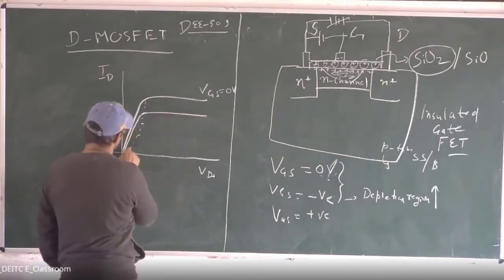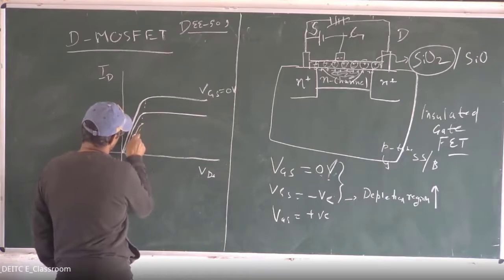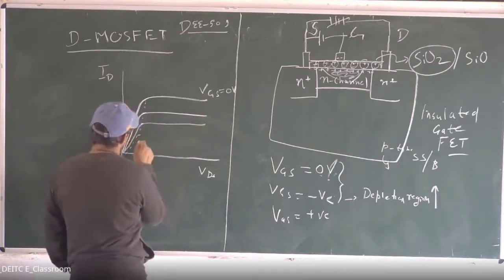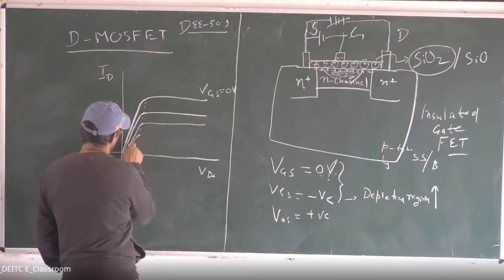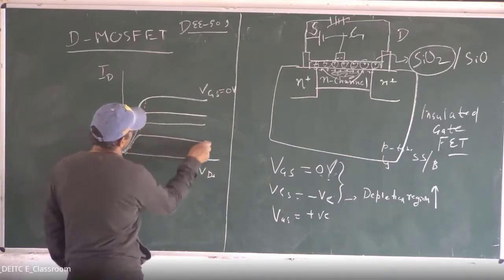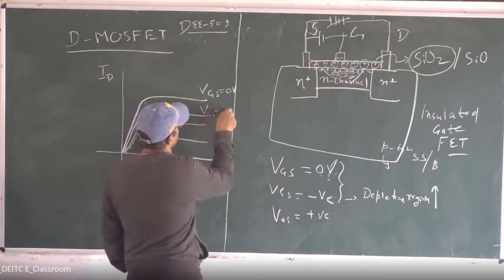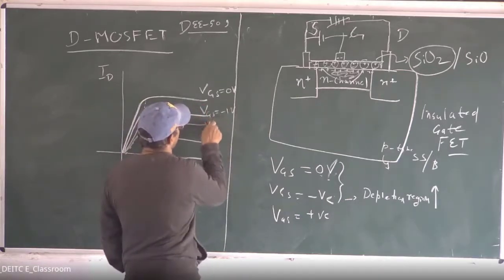So when we keep on decreasing, this is VGS negative 1 volt, VGS negative 2 volt.